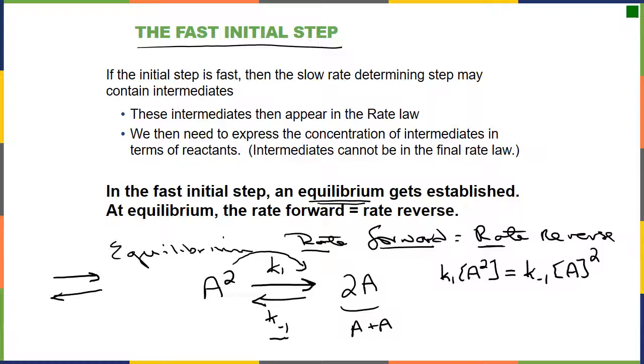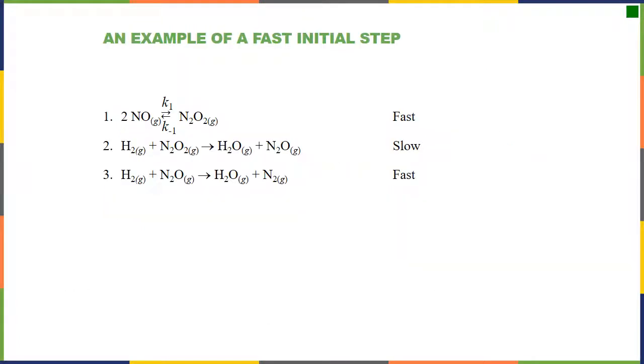That is going to be equilibrium, and that's going to be rate forward is equal to rate reverse. Now we're going to find this is very handy because we frequently have fast steps that contain intermediates, and we're going to have to be able to express the intermediates in terms of reactants because intermediates cannot be in the final rate law. So the only way to do this is to simply do this. So let's take a look at this one.